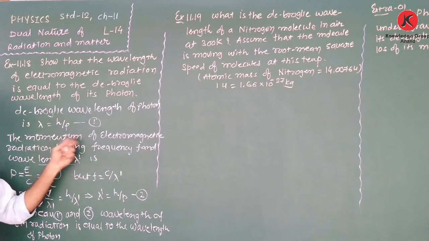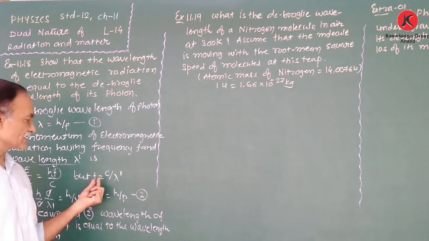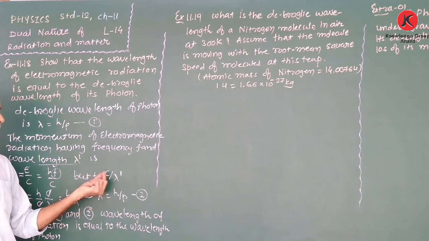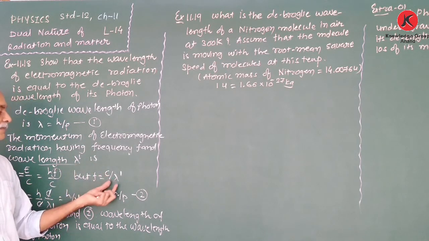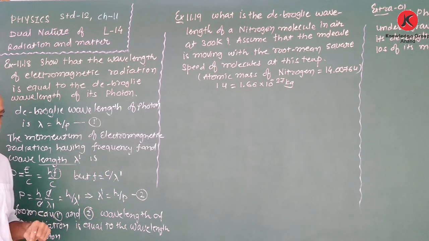Now, the momentum of electromagnetic radiation having frequency f and wavelength lambda dash. From the characteristic of photon, P is equal to E upon C, where E is the energy of photon, hf, upon C. But we know the relation between wavelength and frequency: C is equal to f lambda, therefore f is equal to C upon lambda, but here the wavelength is lambda dash, therefore f is equal to C upon lambda dash.